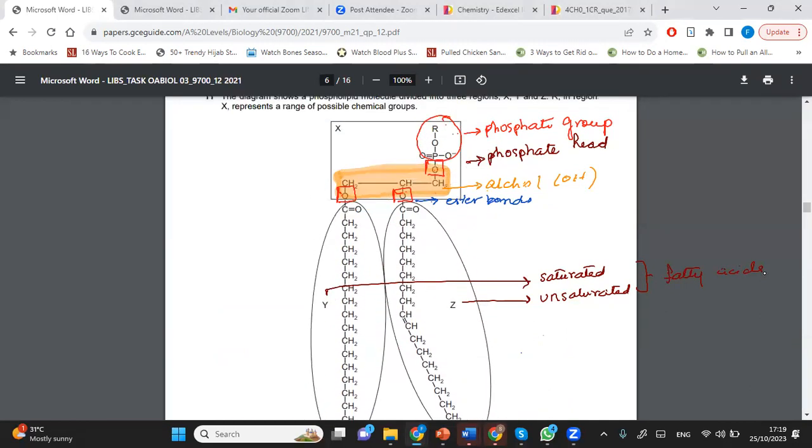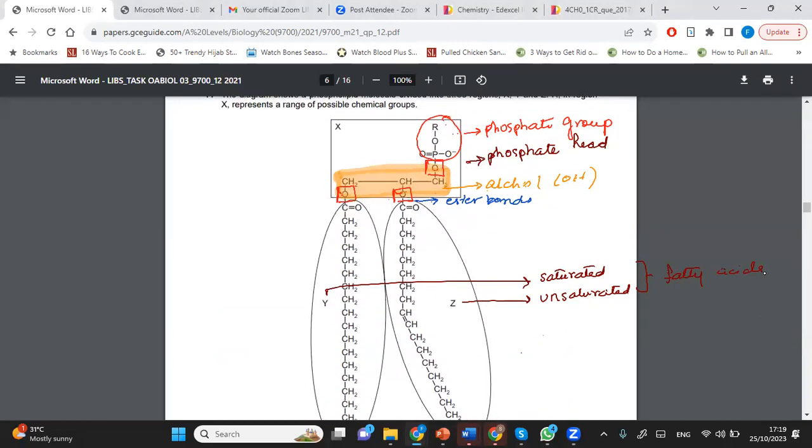Which one of these 3 regions, X, Y, and Z, is increasing the permeability of the hydrophobic region? What do you think? Permeability means that it's making it more permeable, so it's allowing more molecules to pass through. More oxygen molecules, more hydrogen molecules, more of your carbon dioxide molecules, right? All of these molecules are small, non-polar molecules. They can cross the cell membrane freely. They can even go to the hydrophobic region.